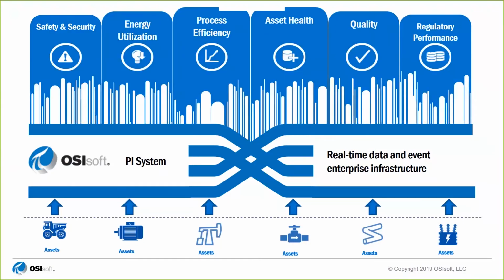What Pi really wants to step in and do is be that one-stop shop that can help you drive any sort of transformation and improvements. We call these the general business impacts, whether they be safety and security, energy utilization, overall process efficiency, asset health, the quality of anything you're producing, and regulatory performance.